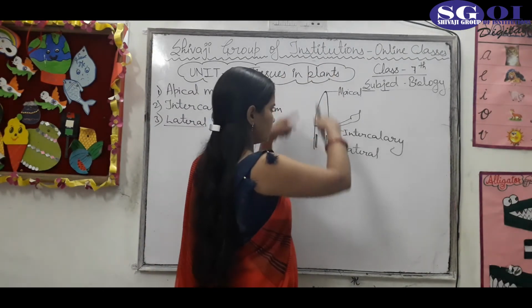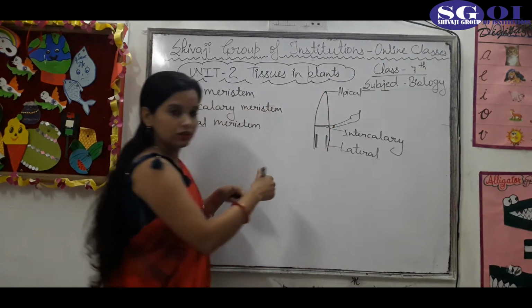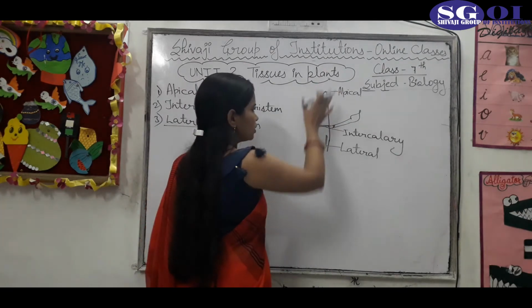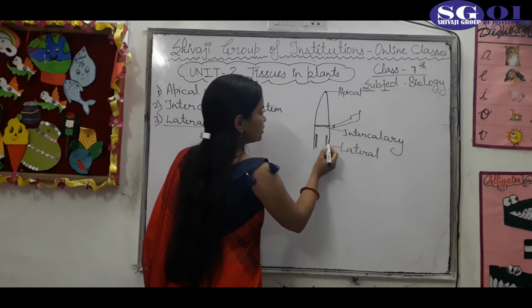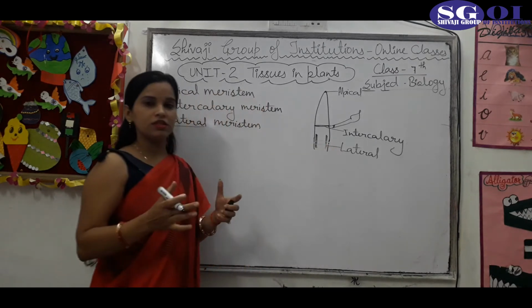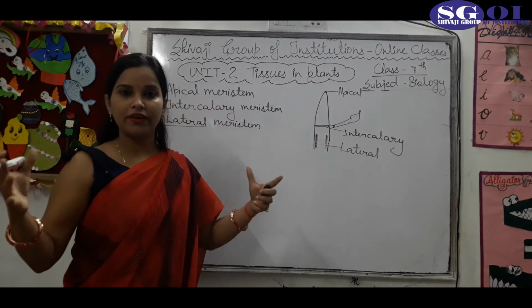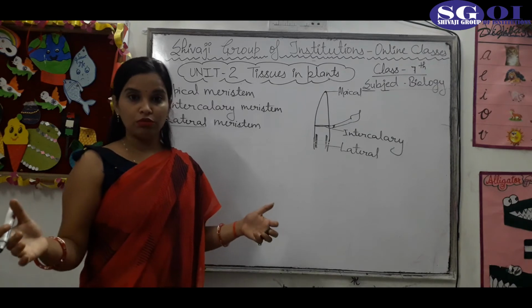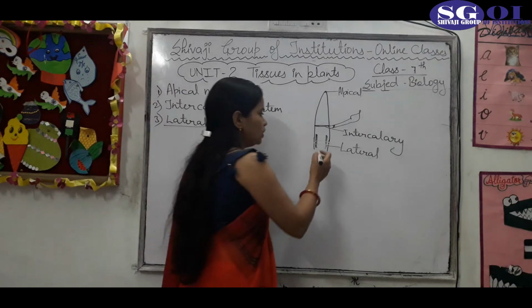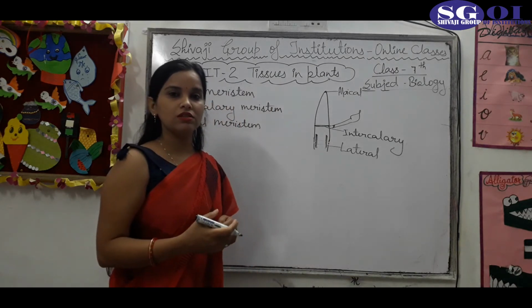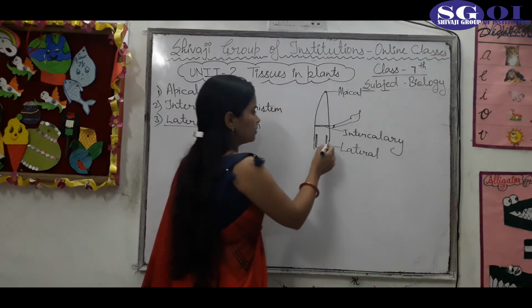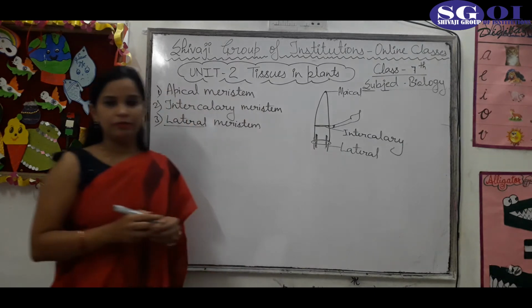First is longitudinal, in length. The plant increases in length, and second is the circumference. Suppose the old trees, the stem of old trees, is very broad and thick. So this lateral meristem is responsible for increasing the circumference of a plant. This is the circumference. Okay.